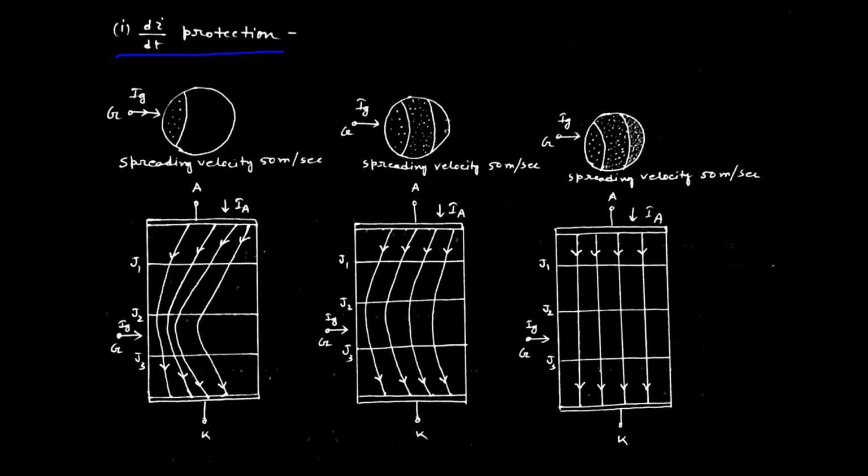That means the temperature across the junction will increase, and because of this the junction can be damaged permanently. So this is not the required phenomenon. That is why, to protect it, what will the protection circuit be?